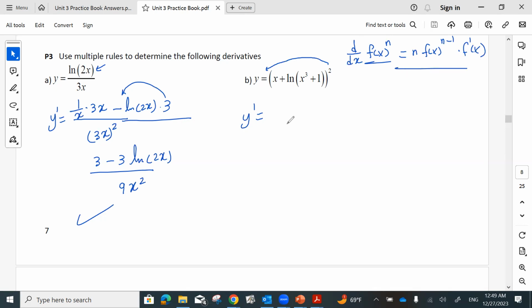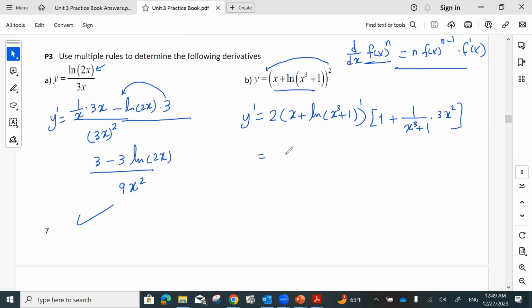So I just write 2 times (x plus ln(x cubed plus 1)) to the power 1, because you subtract 1 from the power as the fundamental rule for derivatives, and multiply by the derivative of the function itself. The derivative of x is 1, plus the derivative of ln(x cubed plus 1), which is 1 over x cubed plus 1 times the derivative of x cubed, 3x squared.